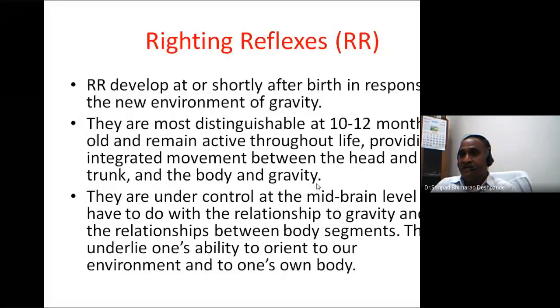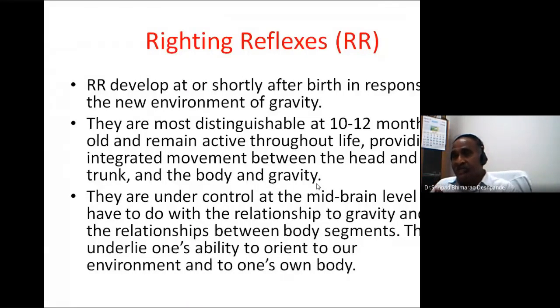By the end of the first year, the first birthday, he or she will attain control over these righting reflexes, and can make movements, walk around, even try to run, do minimal activities, and try to orient. Now all these righting reflexes are under the control of the midbrain level. They are totally integrated in the midbrain.